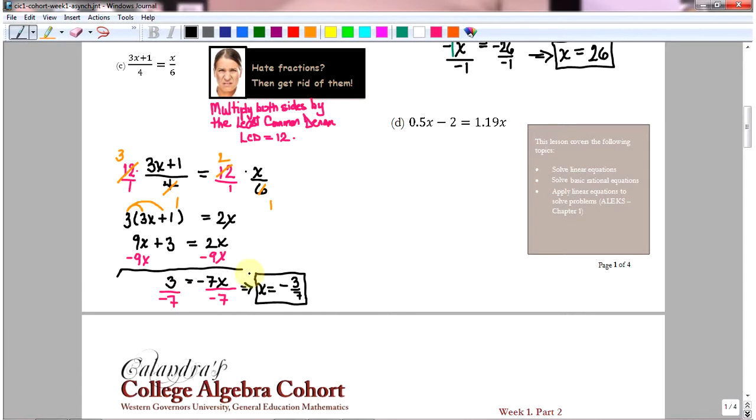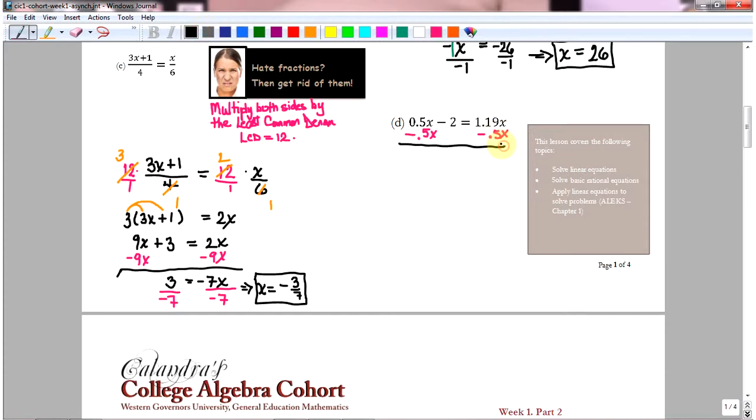Okay, for part D, we have an equation involving decimals. You can solve this the same way that we were doing the other equations. We can start by subtracting 0.5x from both sides to get the x's together. So minus 0.5x and another minus 0.5x.